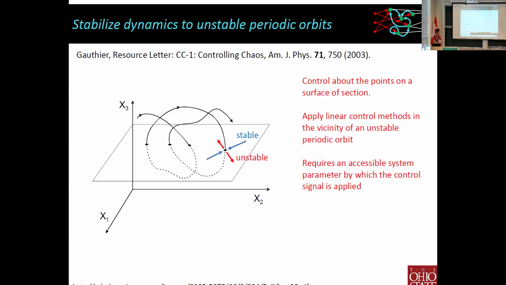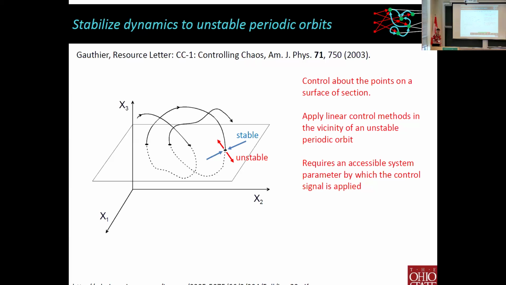So the idea is that if this is one of the unstable periodic orbits, if I were to just look at one point of where it pierces that surface of section, what we can find either theoretically if we have the equations or experimentally by just watching the dynamics as it comes in the neighborhood of this point, is that there are stable and unstable directions. We have to have an unstable direction because we know it's an unstable periodic orbit. Trajectories have to eventually leave that point.